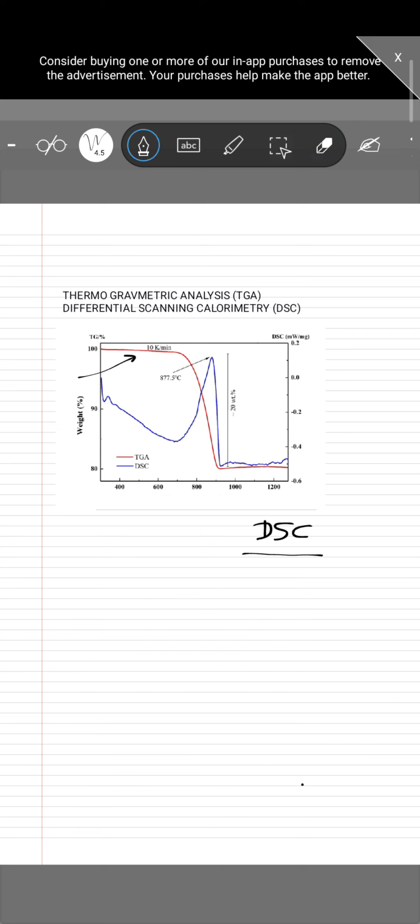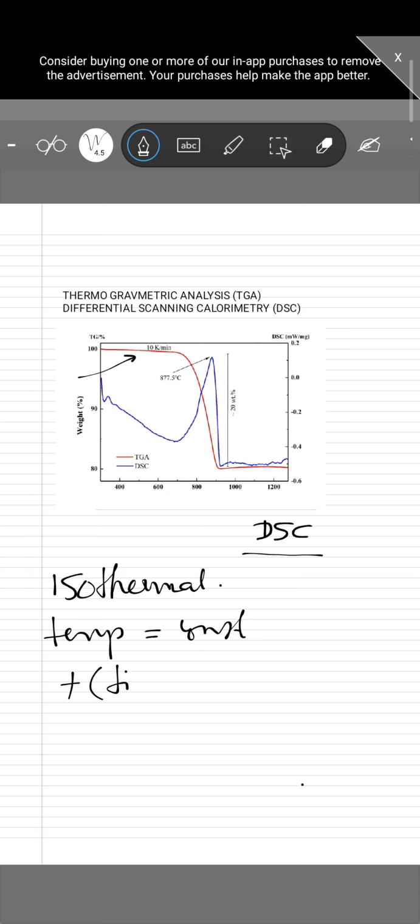The first one is called the isothermal approach or isothermal test, where the temperature is kept constant and the decomposition by means of percentage weight loss is observed as a function of time. This is called an isothermal TGA.